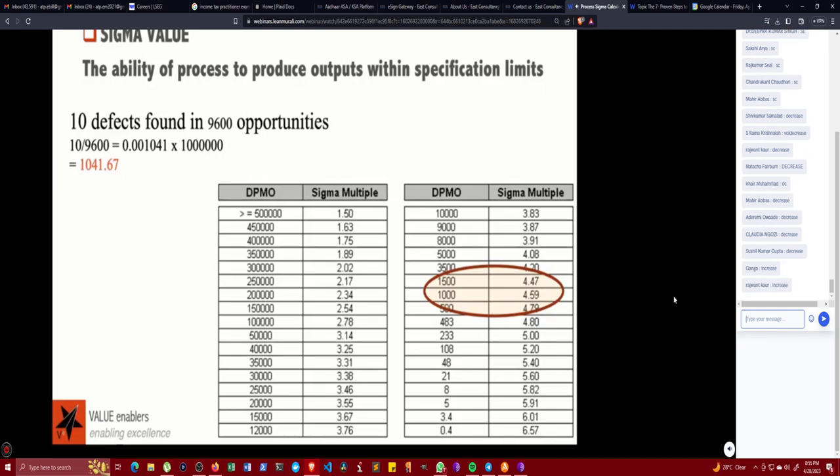Will the defects increase or decrease over a period of time? The defects will increase. What are the reasons why these defects increase? Please put it in the chat box.